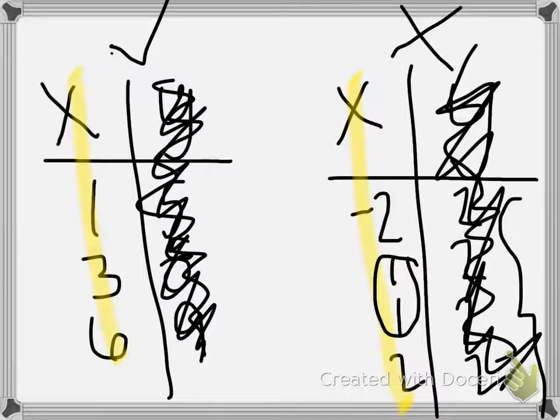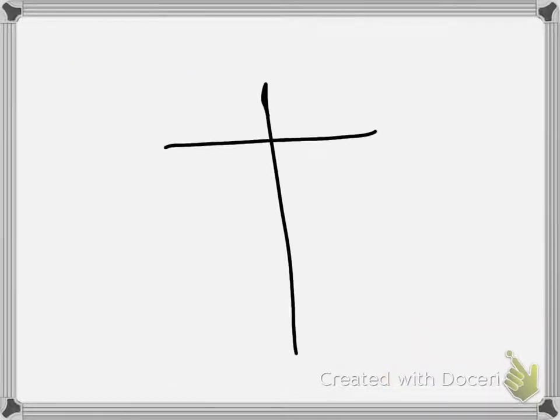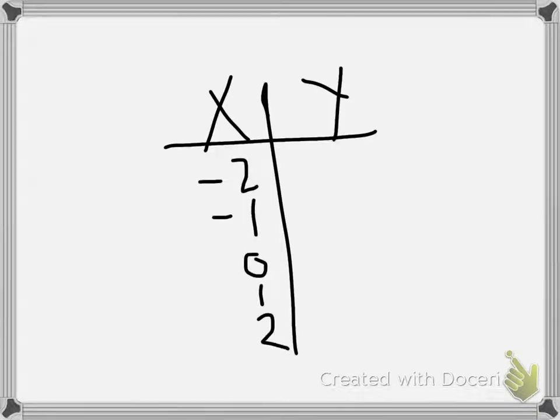Something that tricks up some students is if they see a -2 and a +2, or like a -1 and a +1, they'll think, oh, that's not a function. When in reality, it doesn't make it a function, it doesn't not make it a function. A -2 and a +2 are 2 totally different numbers. So if you had a table like this one, -2, -1, 0, 1, 2.